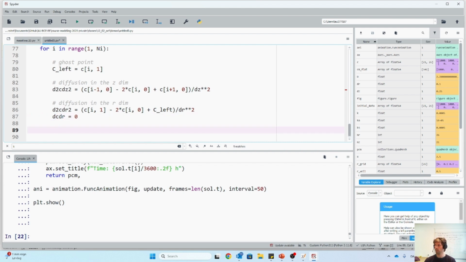And we can define the governing equation for the time derivative here. So we are still on the left boundary. That is why we have index 0 here in the R dimension, and we're doing it along all the set nodes.